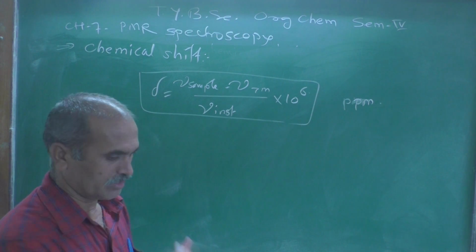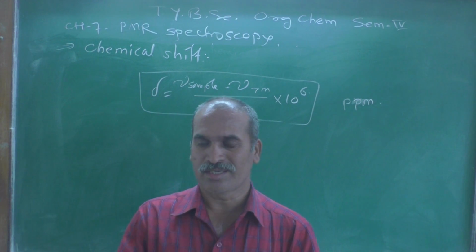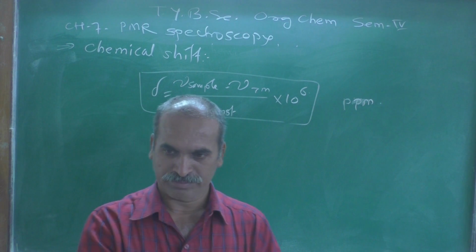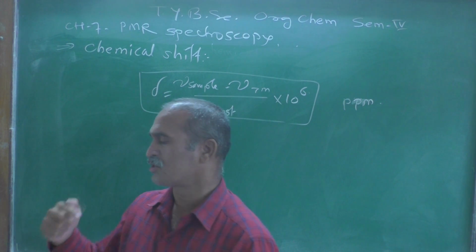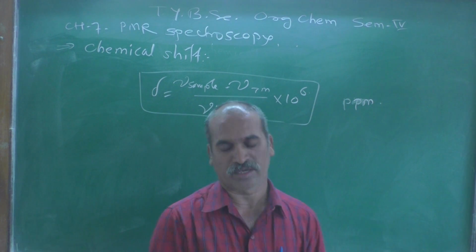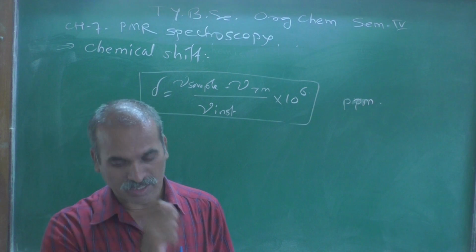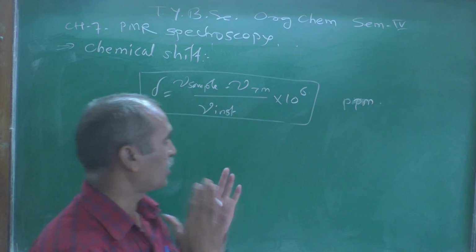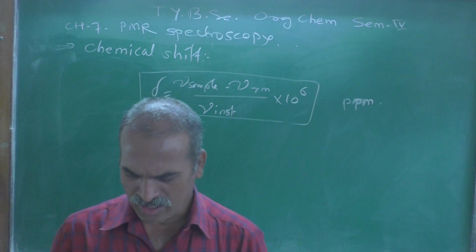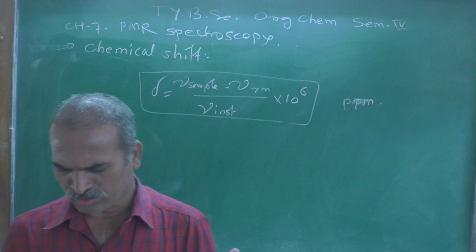If the pH is less than 7, the solution is termed acidic, whereas if the pH is greater than 7, the solution is termed basic. Similarly, here the chemical shift value, the delta value, is generally measured in what?